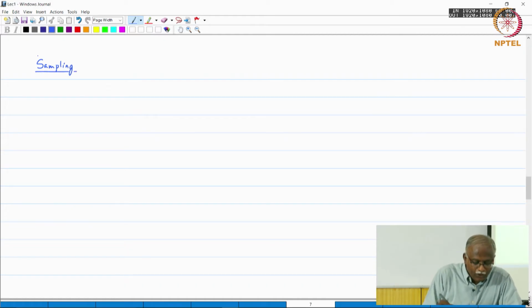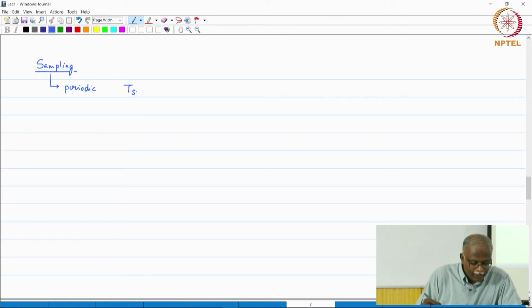We are going to be exclusively looking at periodic sampling, which means that we have an underlying sampling period Ts. It's in units of time.